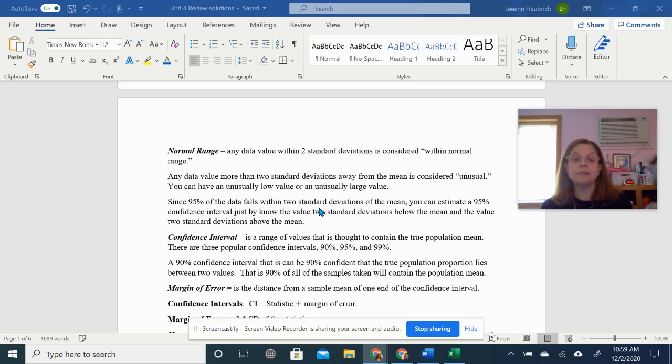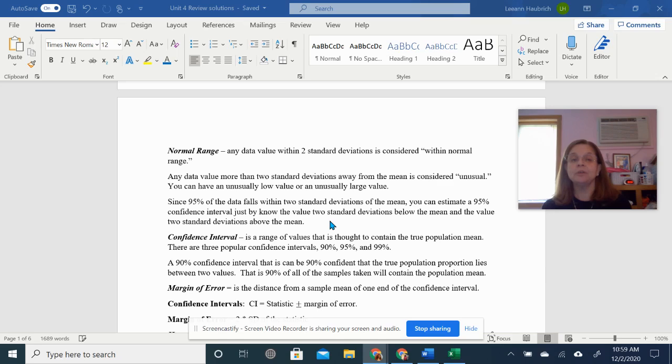Since 95% of data values fall within 2 standard deviations of the mean, you can estimate the 95% confidence interval just by knowing the 2 values, the value that's 2 standard deviations below the mean and the value that's 2 standard deviations above the mean.